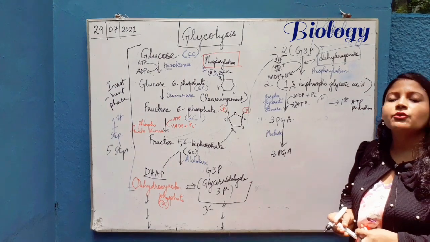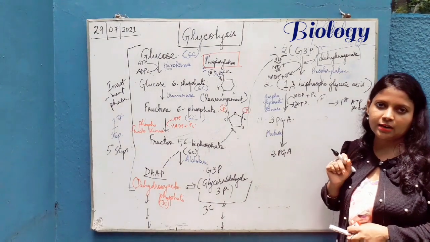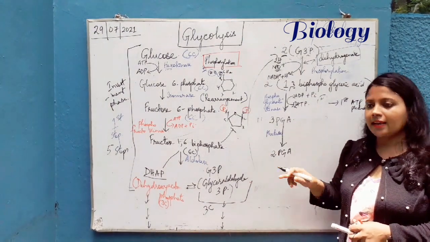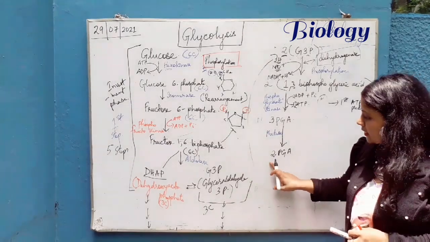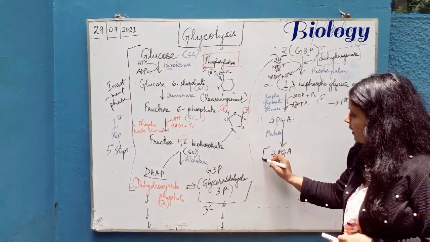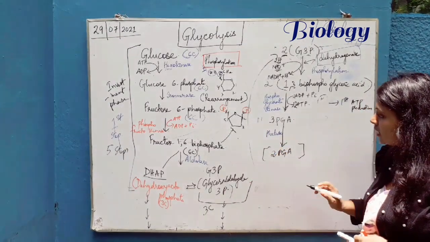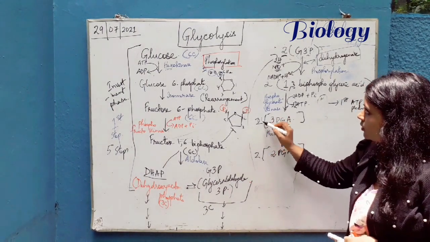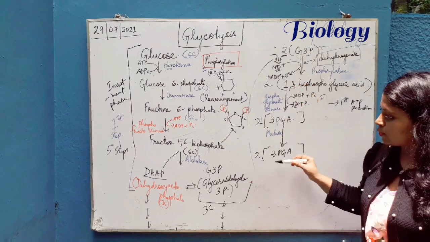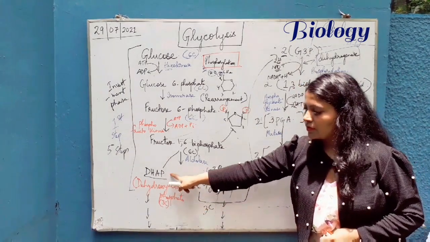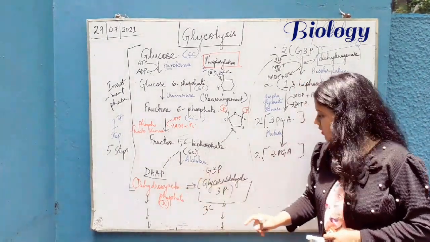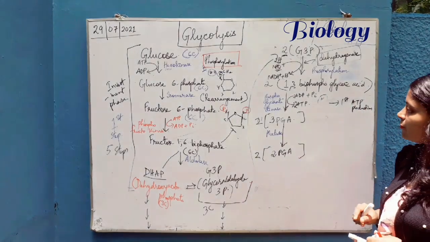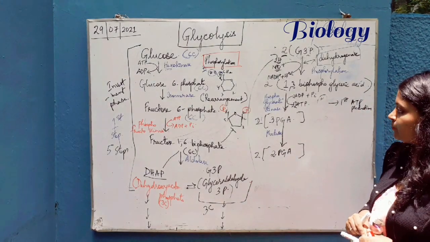The phosphate which was on the third carbon atom has been shifted to the second carbon atom. So that's why it is 2-PGA. Okay, but don't get confused here. Here it is 2 molecules, here also 2 molecules, because everywhere you have to account for the two steps of dihydroxyacetone phosphate. Now 2-PGA has been formed with the help of the mutase enzyme.